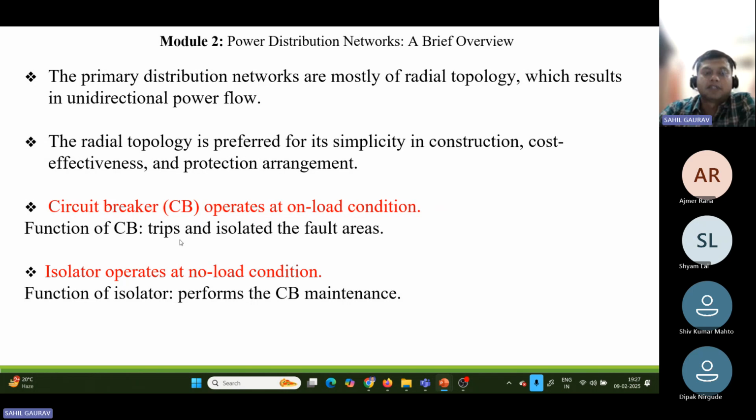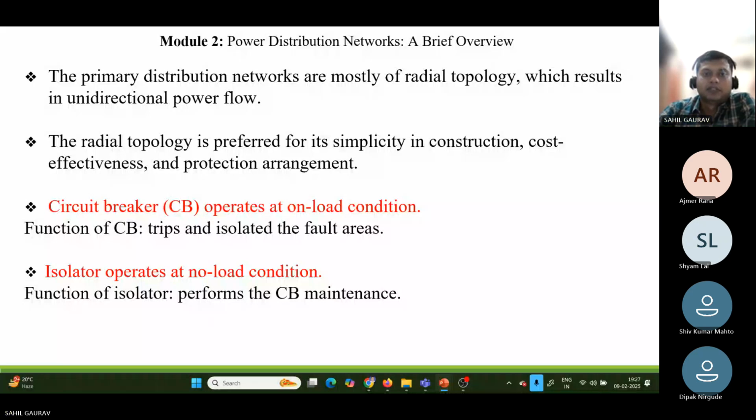That means the function of a circuit breaker is that it trips and isolates the fault areas, while an isolator operates at no-load condition, and its function is for circuit breaker maintenance. We will also see some problems on circuit breakers and isolators and their function.